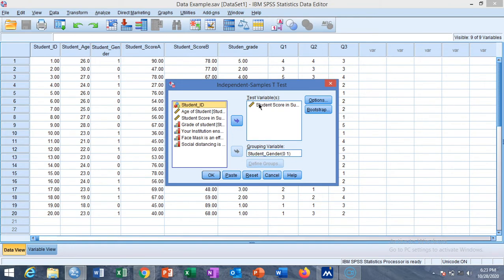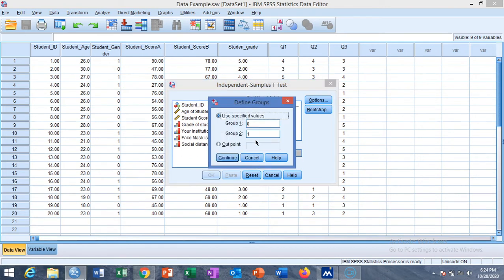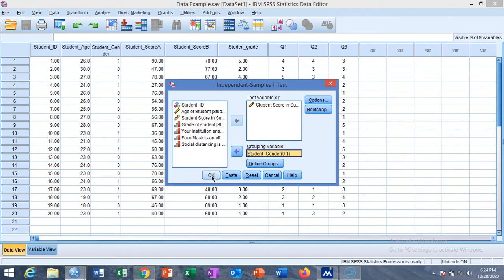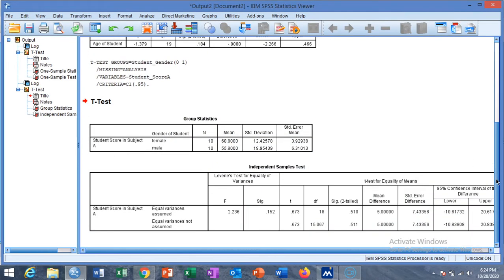So we are comparing the mean of student score in subject A, and the grouping variable will be gender of student. We define group 0 for female and 1 for male. This means group 1 is for female and group 2 is for male. And then click on continue, and then click on OK. You will see the result.